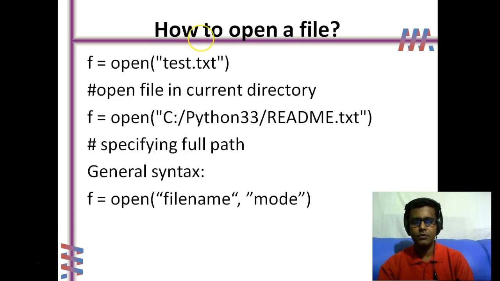The general syntax for opening a file is open, the file name, comma, the mode. The mode specifies in which mode you are going to open your file, read mode, write mode, etc. In the next slide you will see the modes.